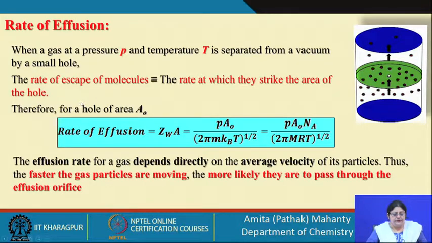So, the rate of effusion through a hole of area A naught is going to be nothing but the collision flux into the area. That means, this is actually the rate of collision. Whatever is colliding, the rate of collision is actually equal to the rate of effusion, which is nothing but the collision flux into the area.